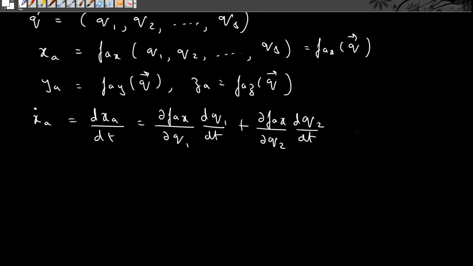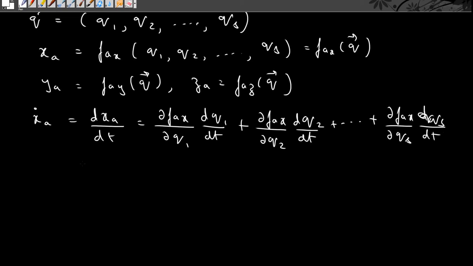This is the chain rule of partial derivatives, and I'm using it over here, and so on, plus dot dot dot plus dou f_ax by dou qs into dqs by dt.